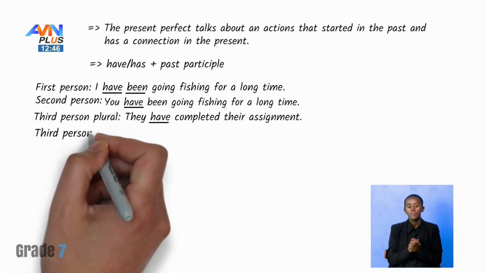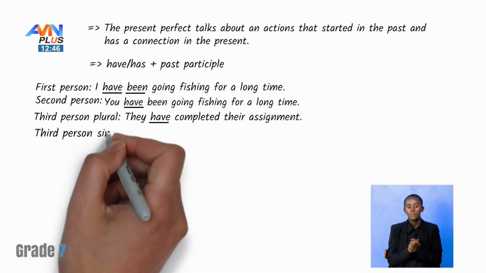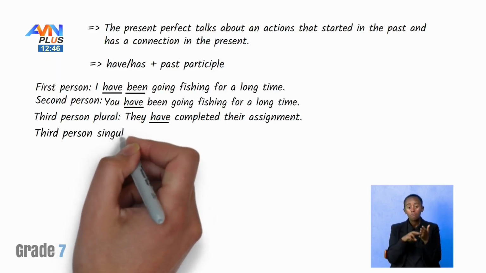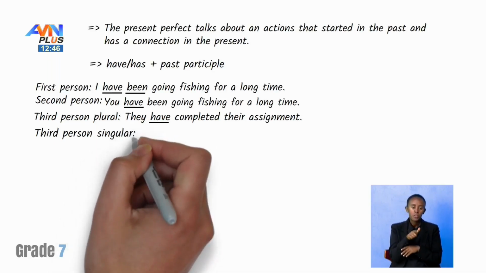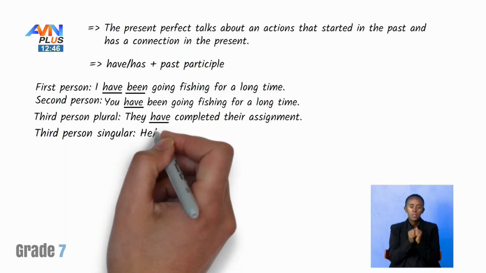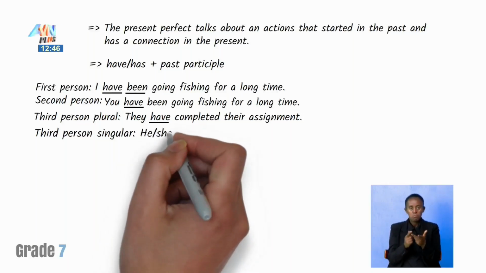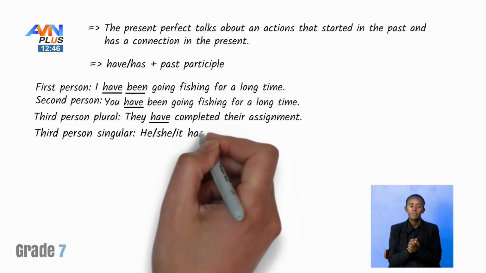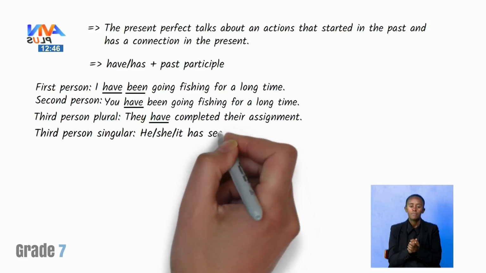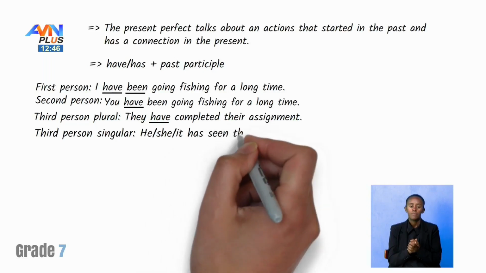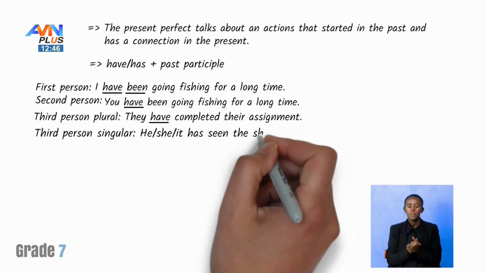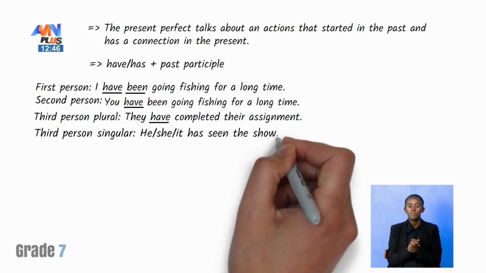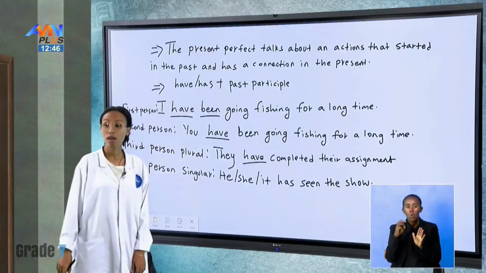The third person singular is what? He, she, and it. If that is the case, we use has. For example, he has seen the show. If you see here, we have changed it into has.